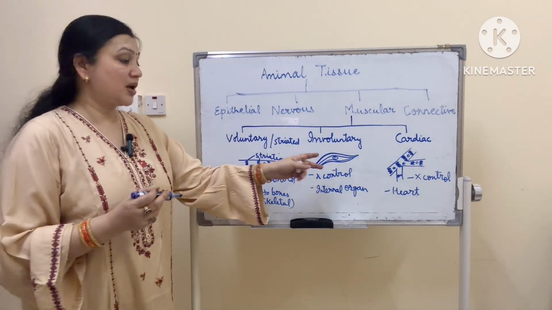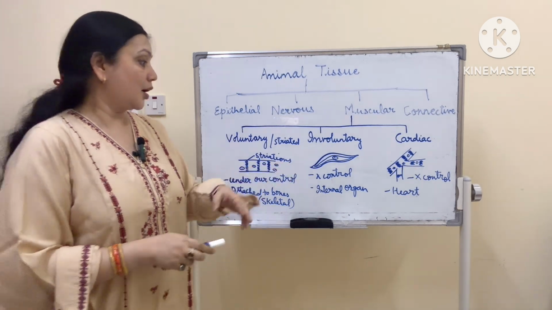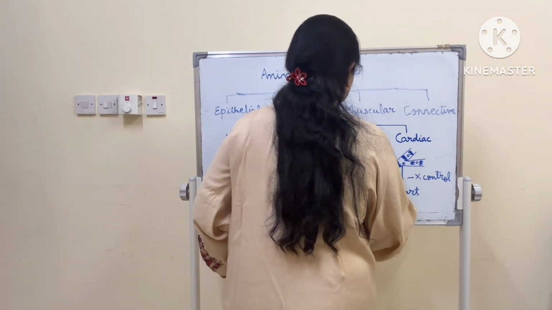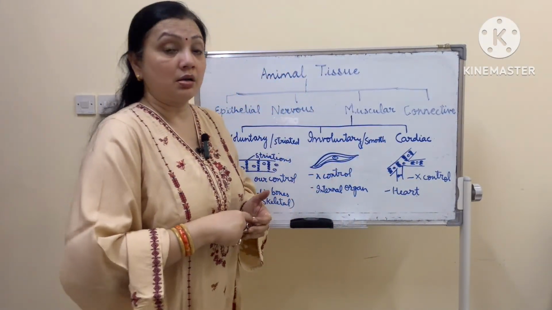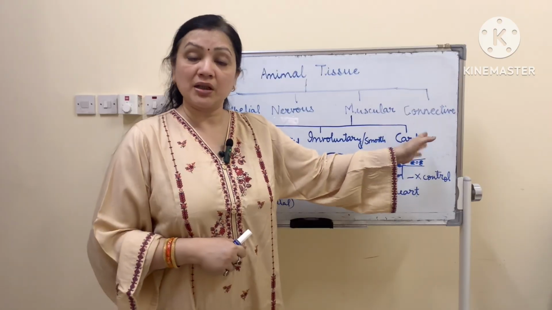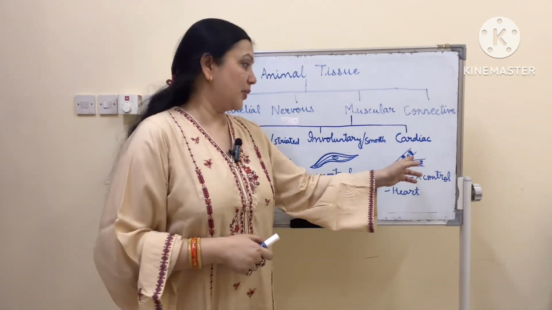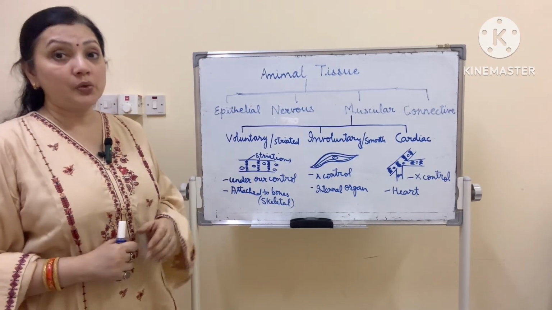In involuntary muscles, we do not see any such dark and light bands. They are called smooth muscles. Cardiac muscles also have striations, but we cannot name them striated muscle because they are a different category, but the striations are present.